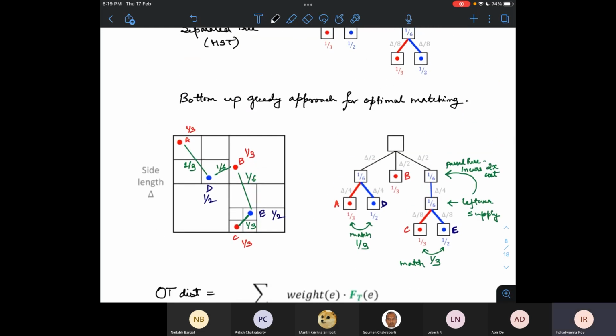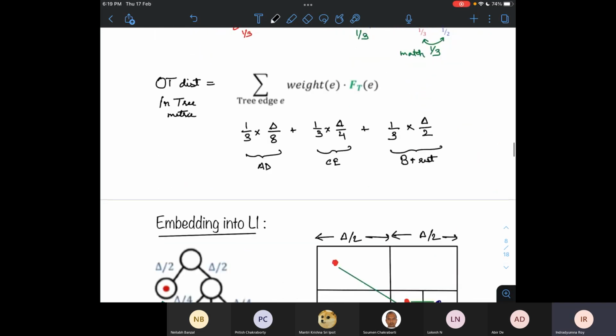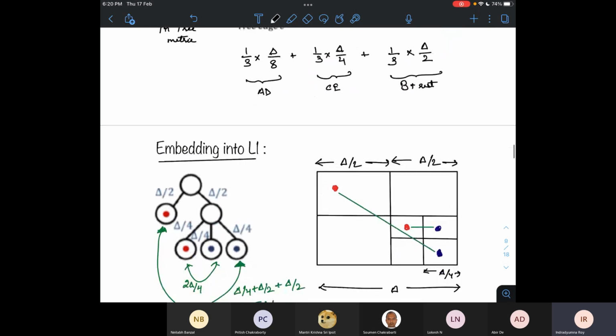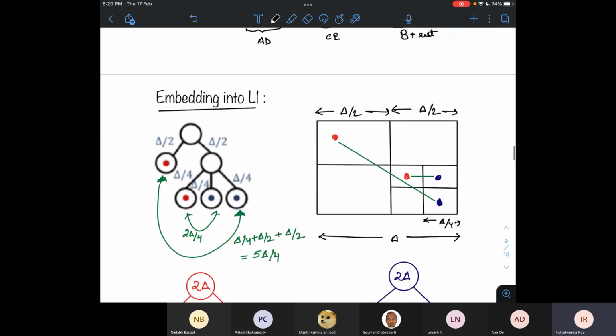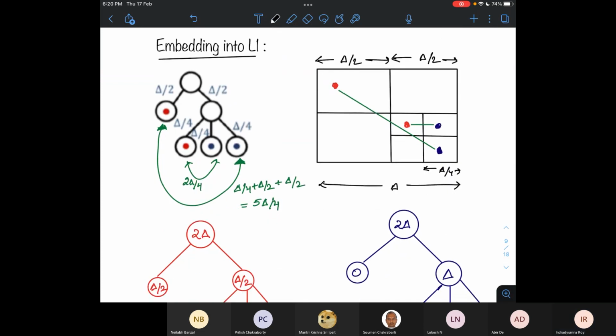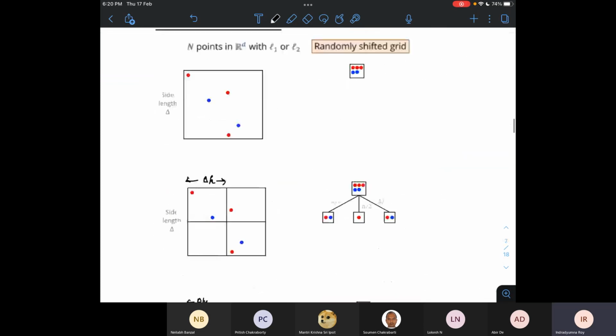Now, there's a follow-up work in the quad tree paper. So, a quick recap here.